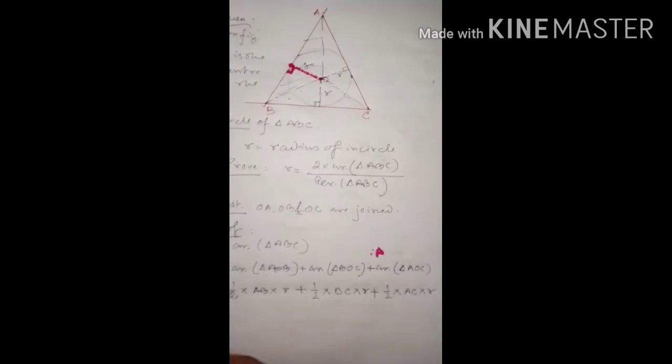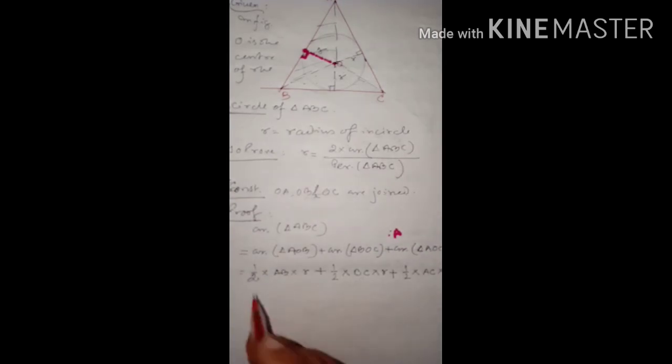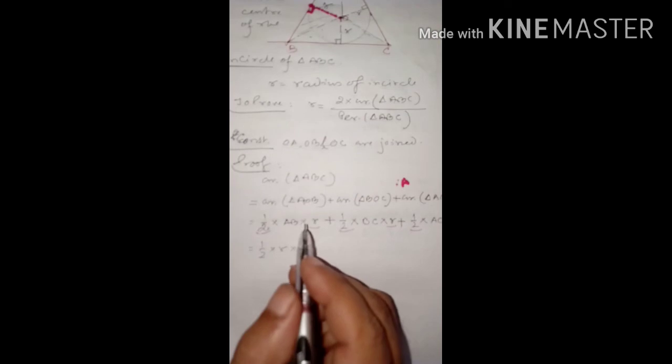Now you see that throughout this whole statement, one common thing has been noticed. What is that? Half into R, half into R, half into R. These terms we take as common factors: half into R is common, into a bracket. What will be left out?